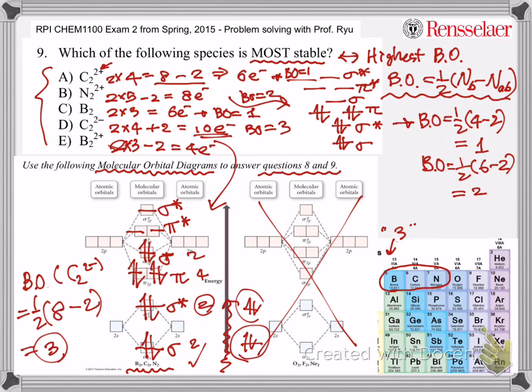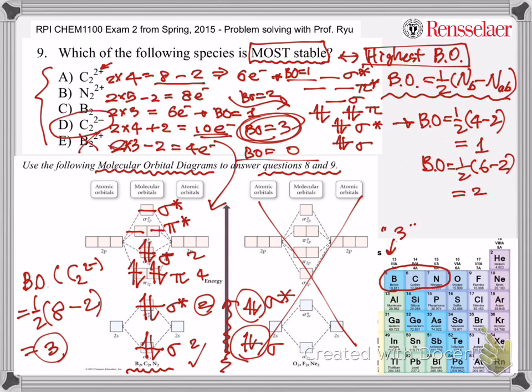So you have a sigma and a sigma star, and that's it. Your bond order here cancels out: 2 minus 2 is 0, so your bond order is 0. So this molecule does not exist even as a bonded molecule, because the bond order is 0. At any rate, the most stable molecule, with the highest bond order, is the one with bond order of 3, which is case D. That is the answer for this one.